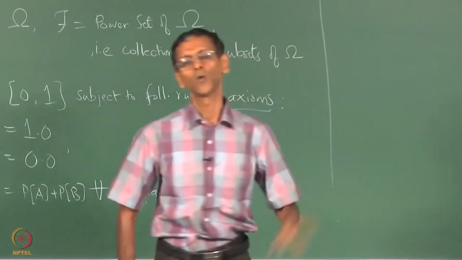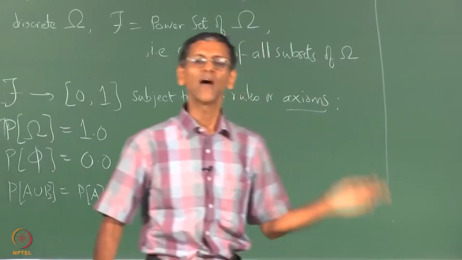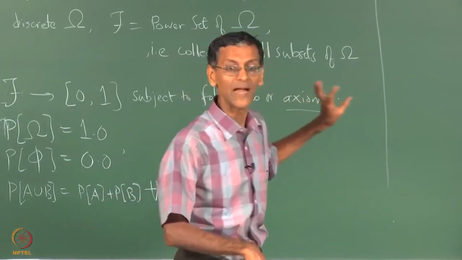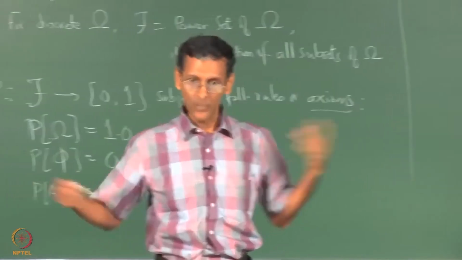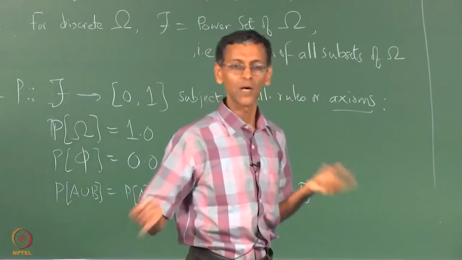What does not follow from this finite additivity axiom is the infinite additivity, which has to be also added as an extra thing. The infinite additivity axiom is needed when you go to spaces which have an infinite number of elements, whether countable or uncountable.